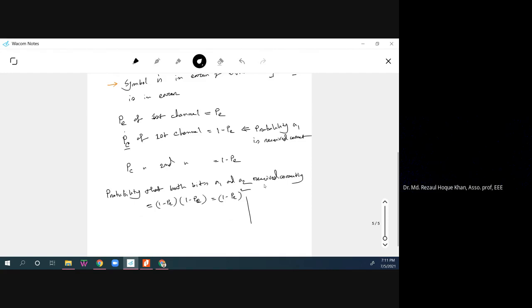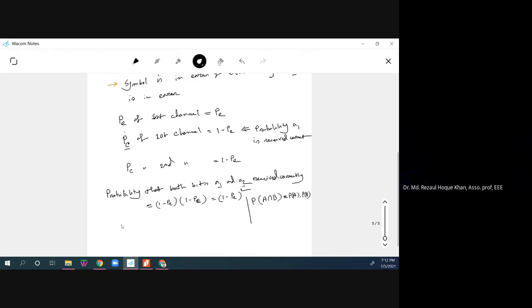How do we find that? The events for A1 and A2 are independent. If they are independent, we know that the combined probability of two independent events A and B will be P(A) times P(B). That's why we have this formula. This is the probability that both bits A1 and A2 are received correctly.